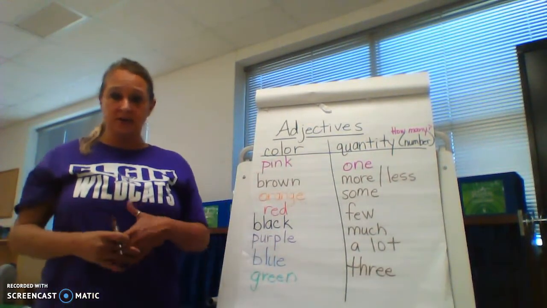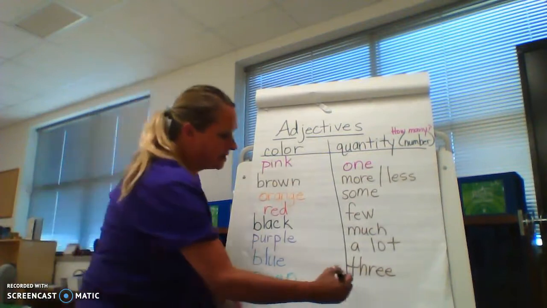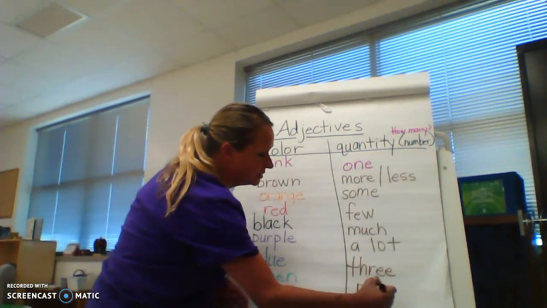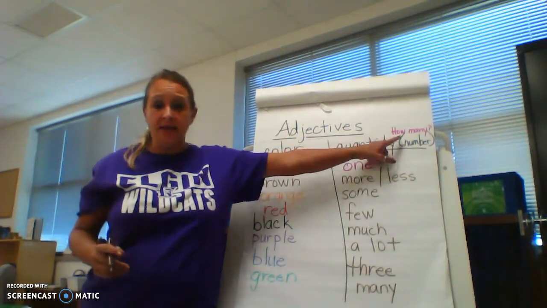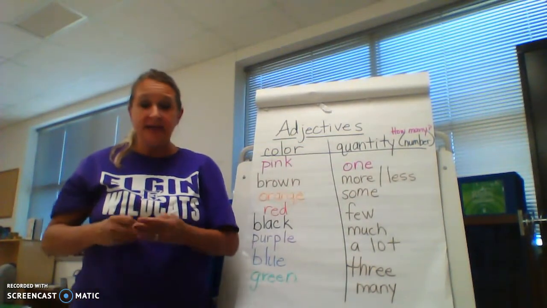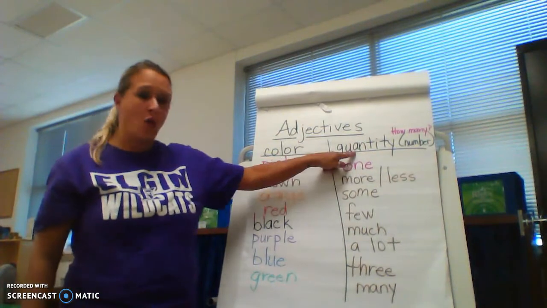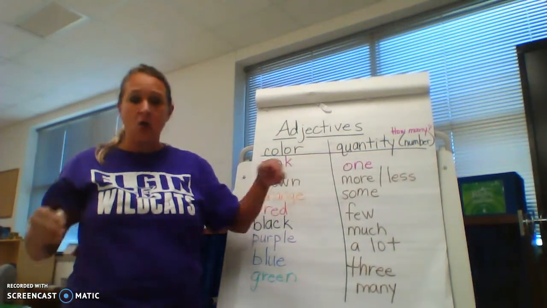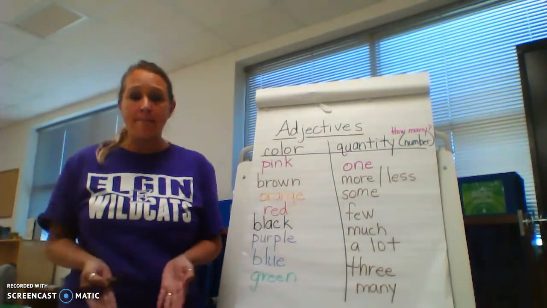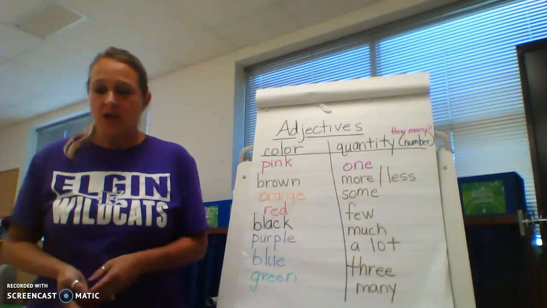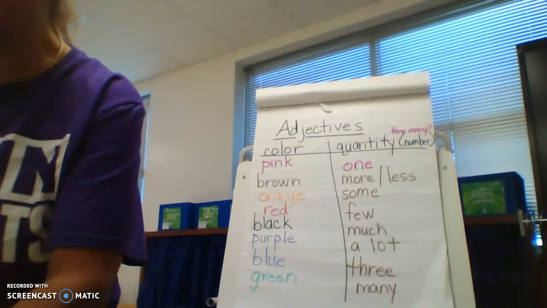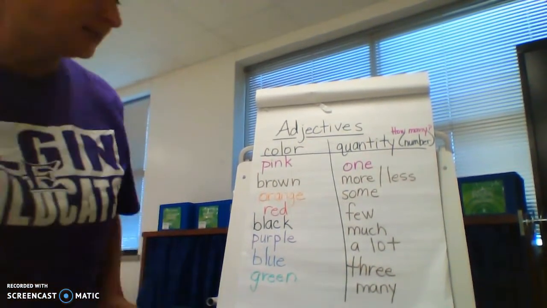What about many? He has many apples. Okay, so if it answers how many or a number, it is an adjective for quantity. Quantity is how much, or how many. All right, so now I am going to practice writing a sentence for you.